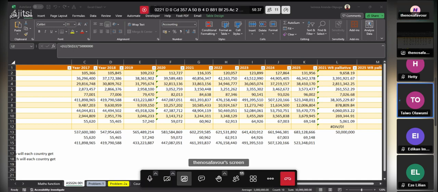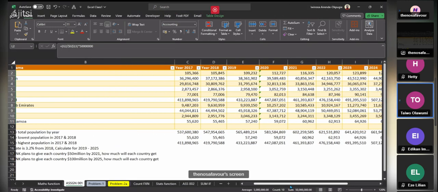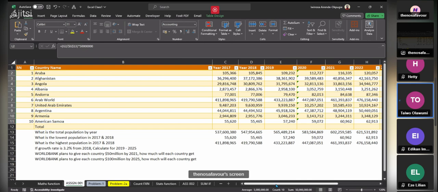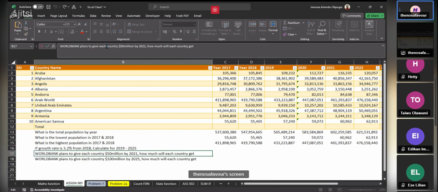That was how I interpreted it, looking at the way the question was constructed. I'm sorry about that. The World Bank plans to give all countries, let me see, give 50 million. Okay, I think this makes sense.